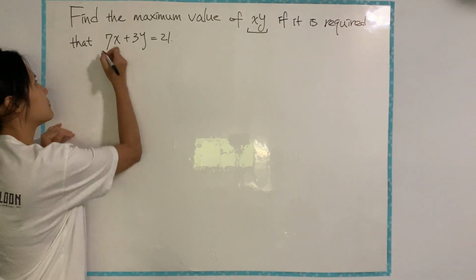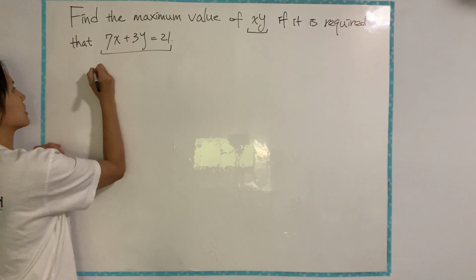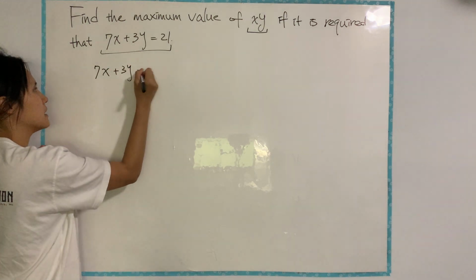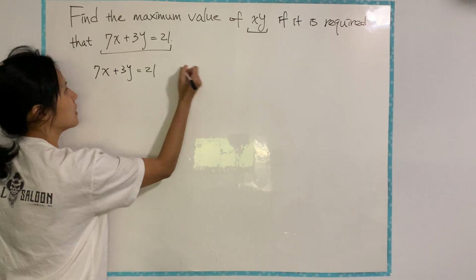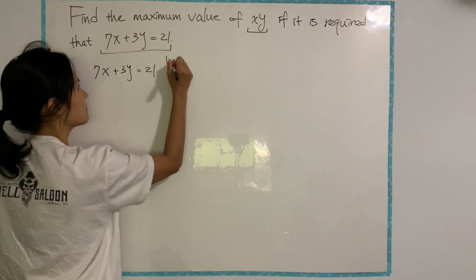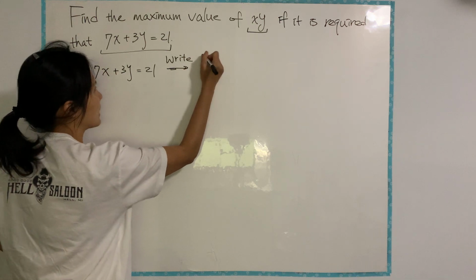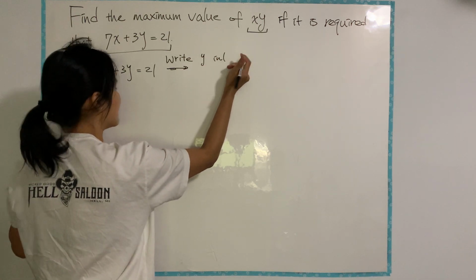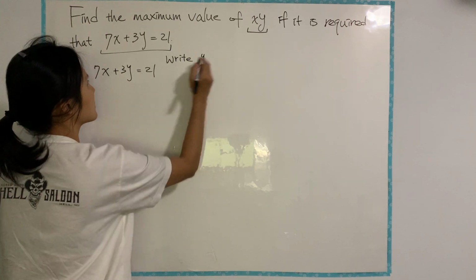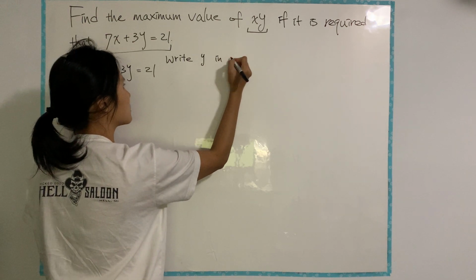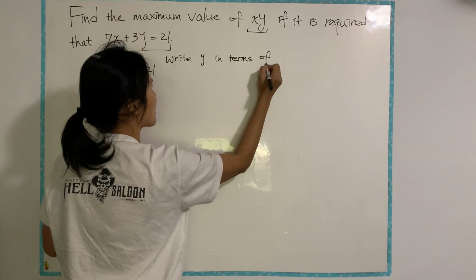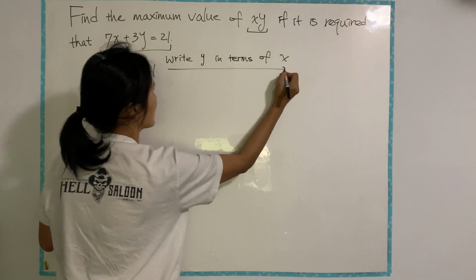Okay, so from this equation, 7x plus 3y equals 21, we will be able to write y in terms of x. So what do we get there?